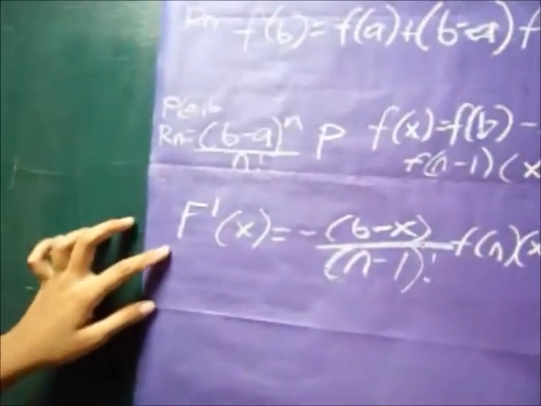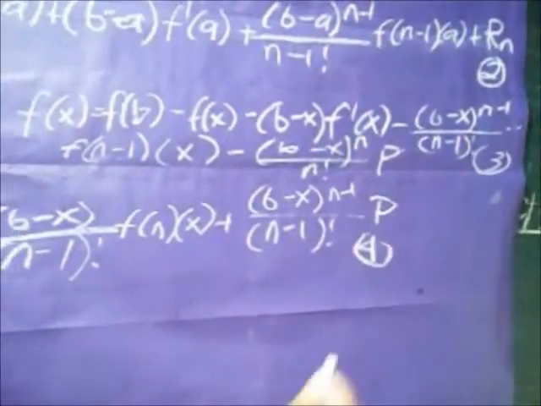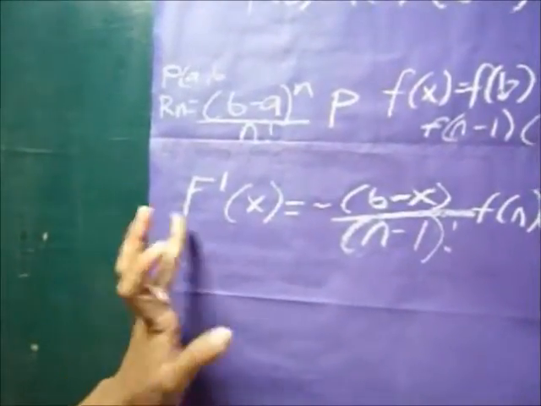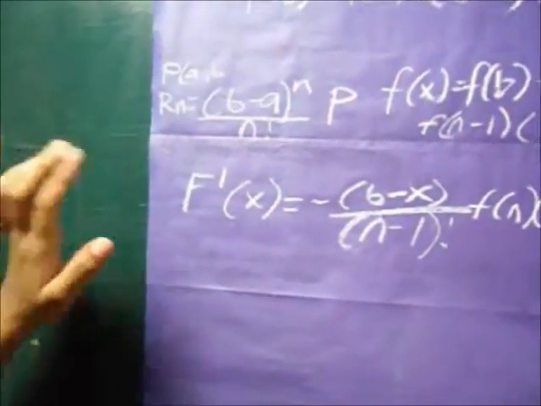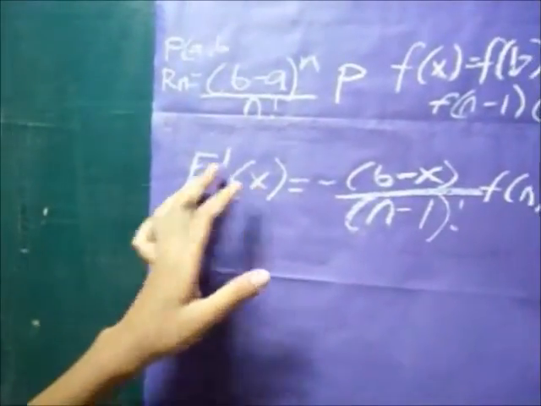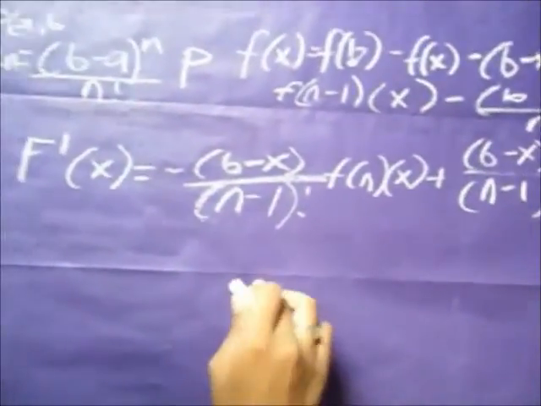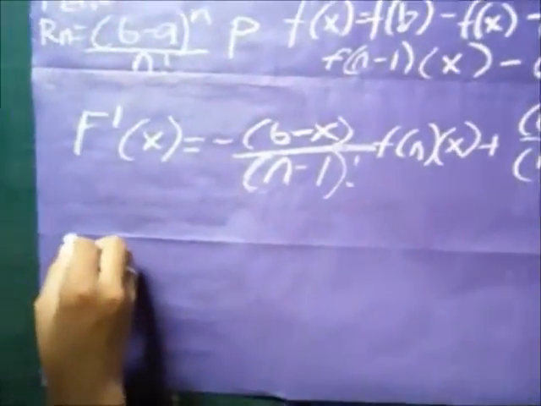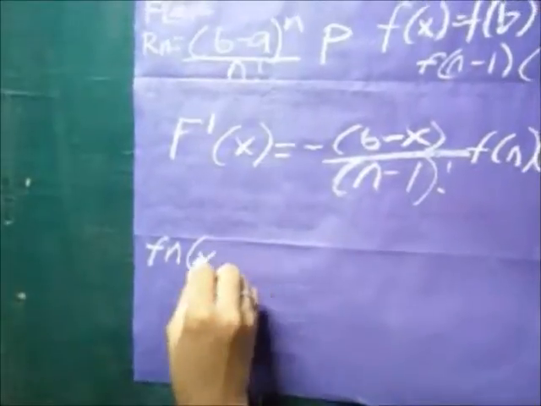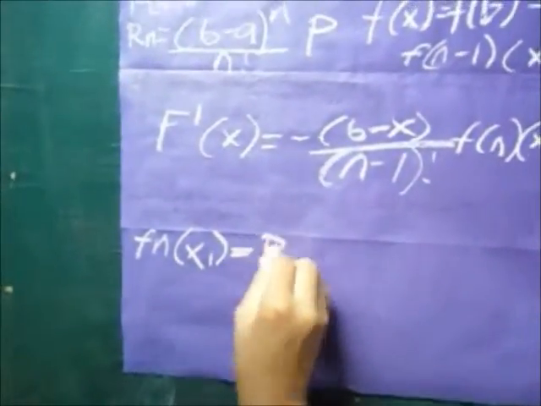Substituting in 4 here the value of x to x sub 1, for which f prime x sub 1 is equal to 0, we obtain f n x sub 1 is equal to p.